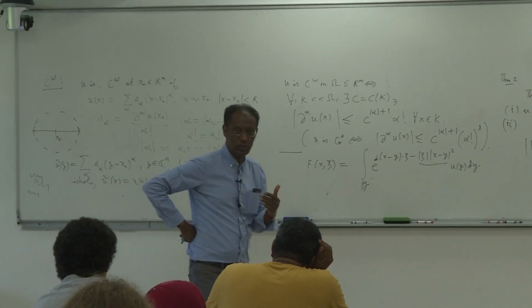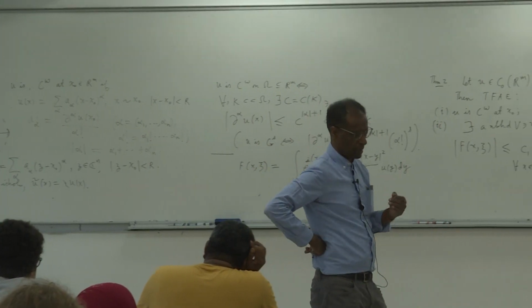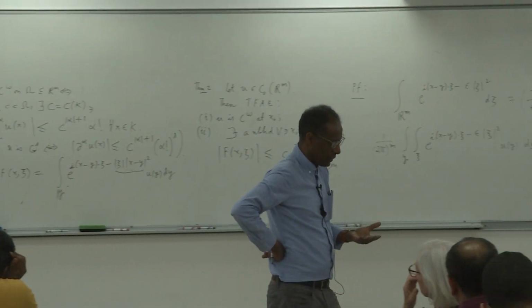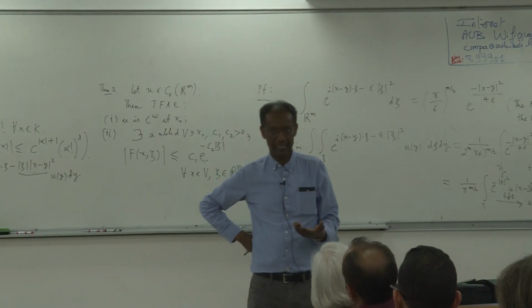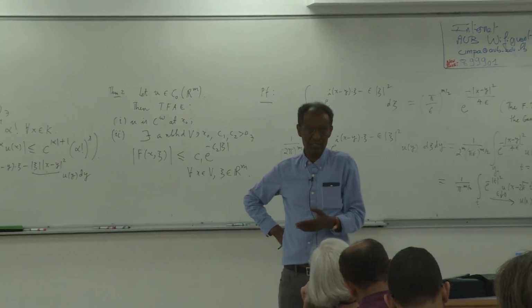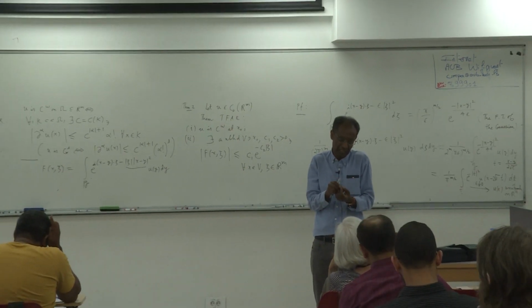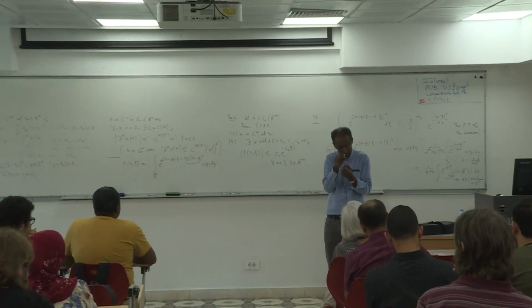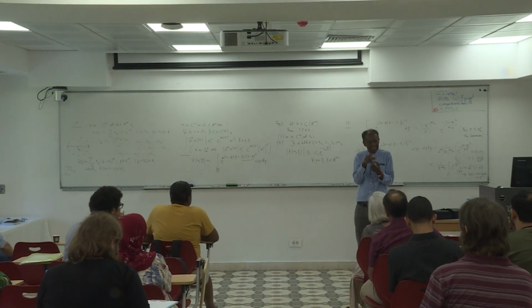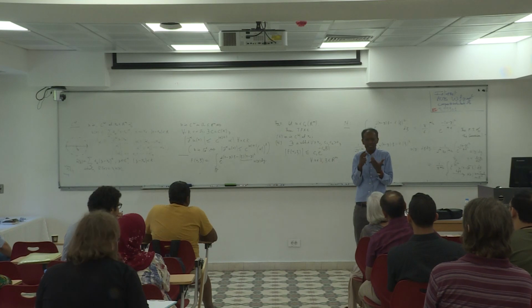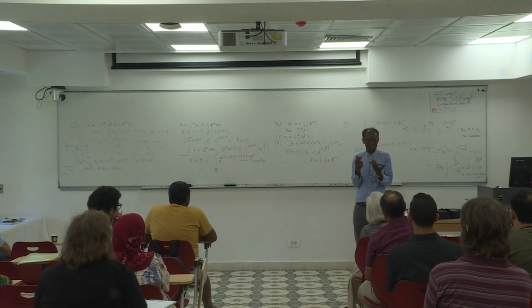The problem with the usual Fourier transform is the following. Regularity notions like smoothness and real analyticity are local notions. To check real analyticity near x naught, I only have to look at u near x naught. But that's not what the Fourier transform does. The Fourier transform does not contain local information.